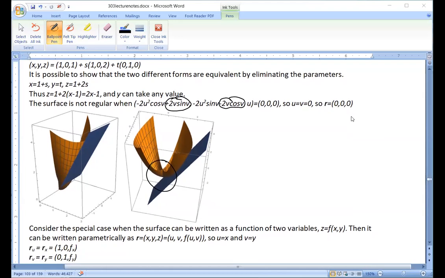Similarly, the second tangent vector dr/dv is really just dr/dy, and in very similar fashion, you get 0, 1, df/dy. Those are your two tangent vectors.